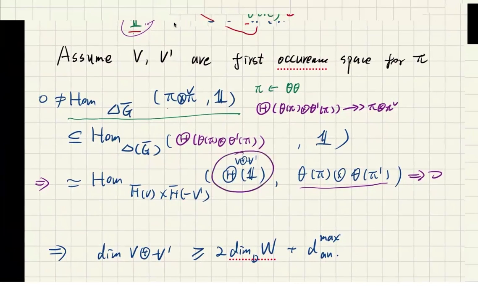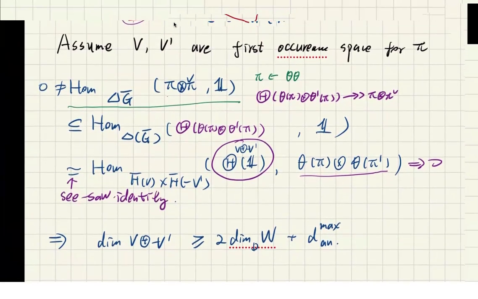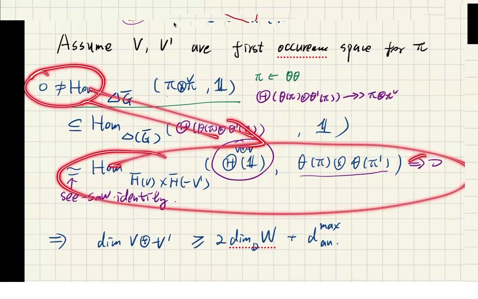Okay. So here this identity is a seesaw identity. Okay, so because here it's non-zero, this one is non-zero, implies that this one is non-zero.